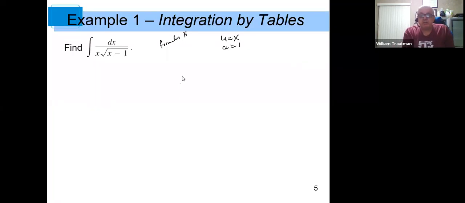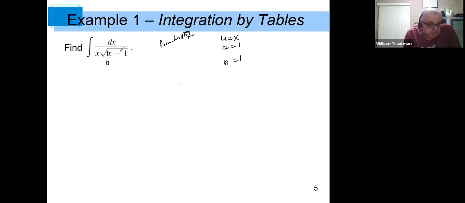And if we look at that formula 17, usually the number next to the X, if you look in here, there's an invisible 1. We call that B. So B equals 1. Now, look at our formula sheet.